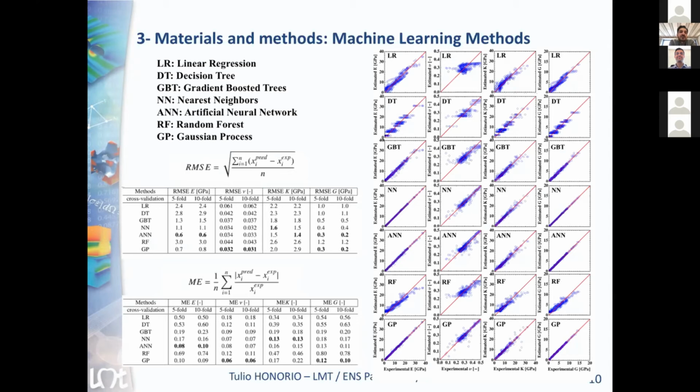If you look at these two quantifiers of error, so here I use the root mean square error and the mean error as estimators of the accuracy of the methods for the four elastic constants that you can see. So Young modulus, Poisson ratio, bulk, and shear moduli.